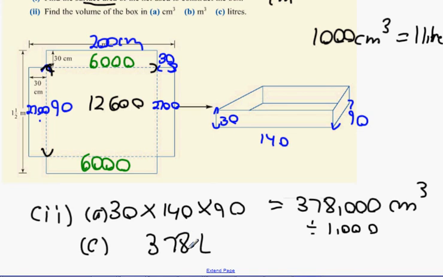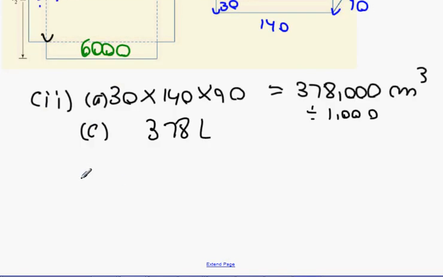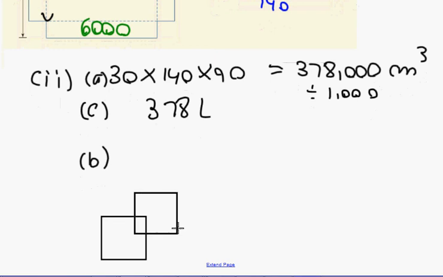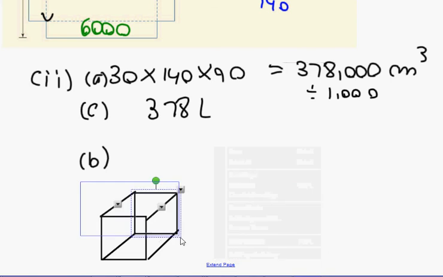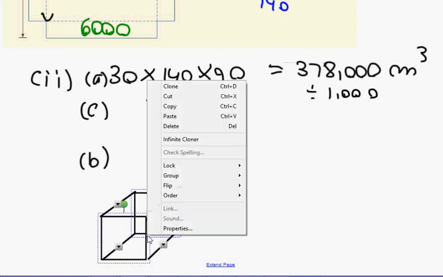Now that we have part C done, it's all about getting part B, and this is what you were talking about earlier, Andrew, if we make the cube. The trick is always just to make your cube, and when you make your cube, you can find out what a meter cubed is in terms of centimeters.